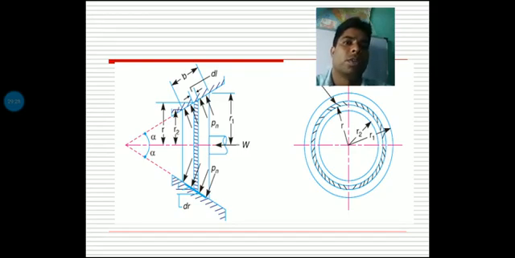And as per the conditions, if I see the left hand side figure, the total angle created should be alpha plus alpha, 2 alpha, that I already mentioned. So total cone angle is 2 alpha, and semi-cone angle is alpha, and total normal intensity of pressure is equal to Pn. The total pressure distribution in uniform pressure theory as well as uniform wear theory I already covered, and that is actually the case of the total design of cone clutch.